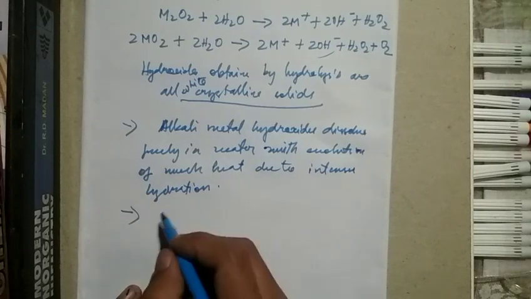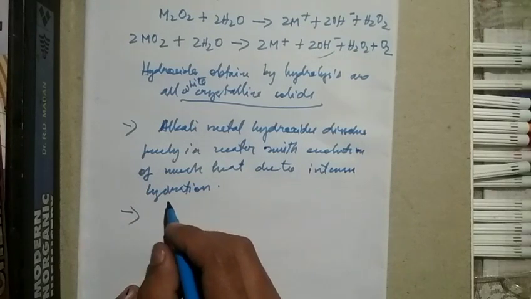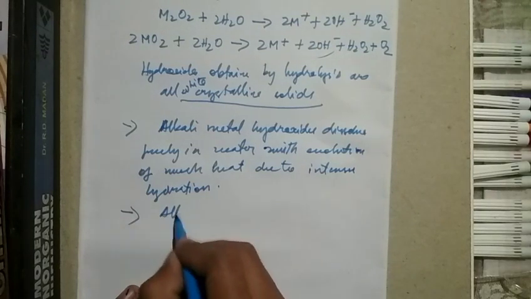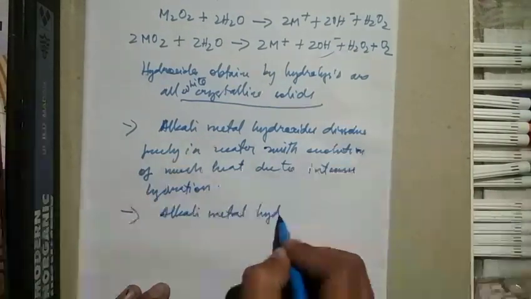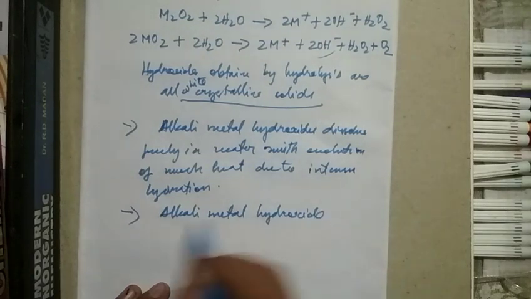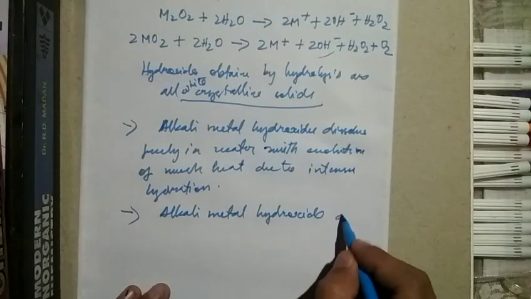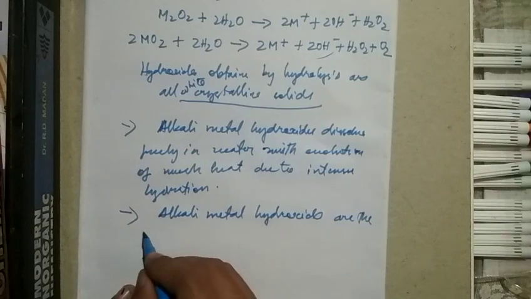Now let's see the last point. The hydroxides of these alkali metals are the strongest base.